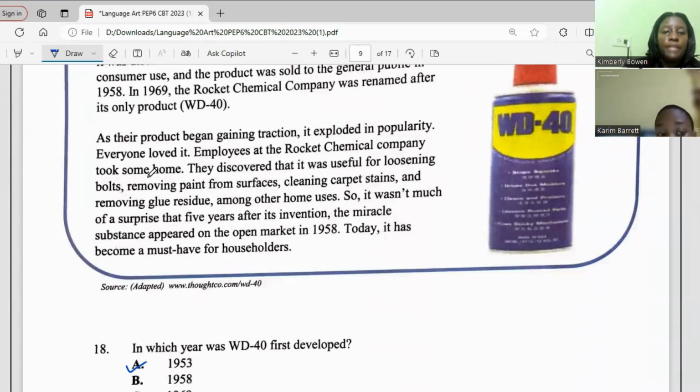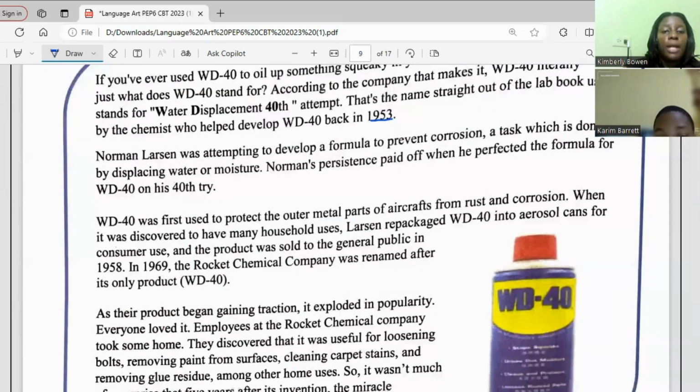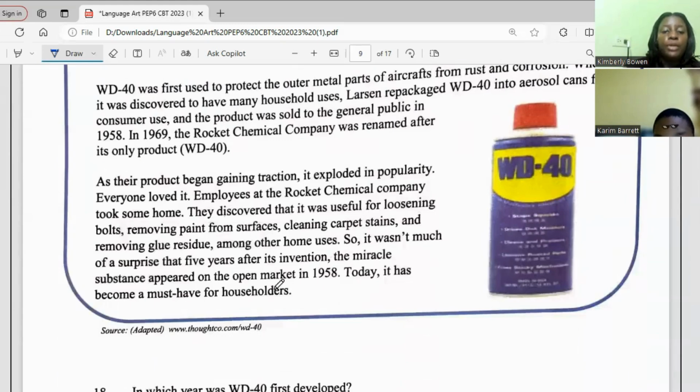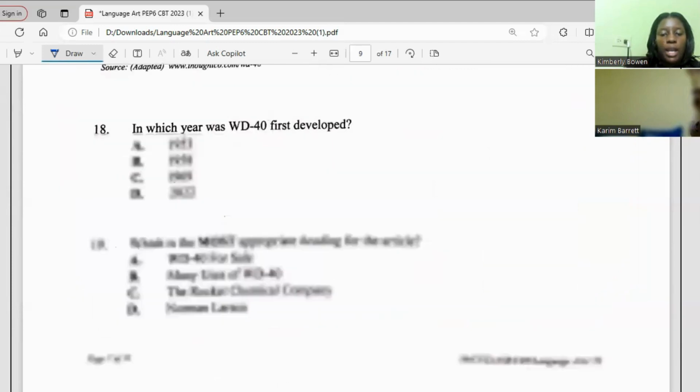So it's definitely the last paragraph because it speaks more to the success of the product and that every householder needs a bottle of WD-40 in their house. And it also talks about the product gaining traction and exploding in popularity, and everyone loved it. So that is paragraph 4.